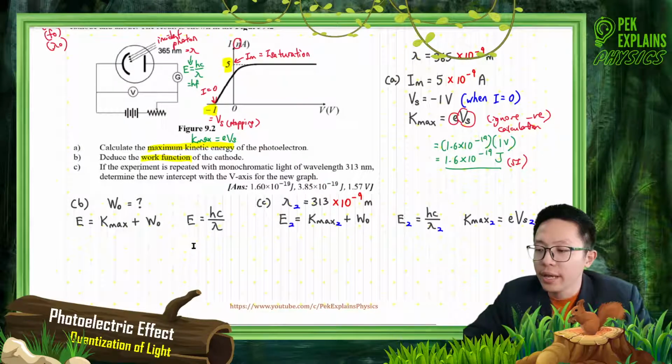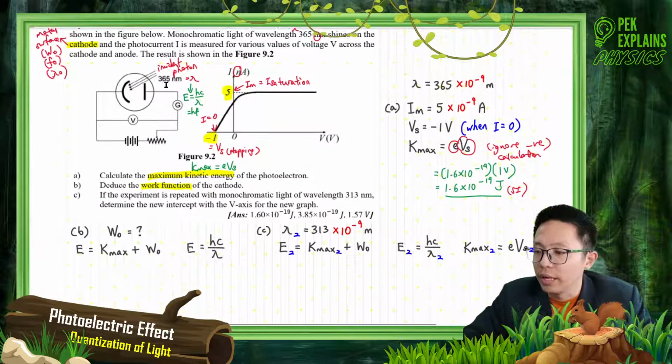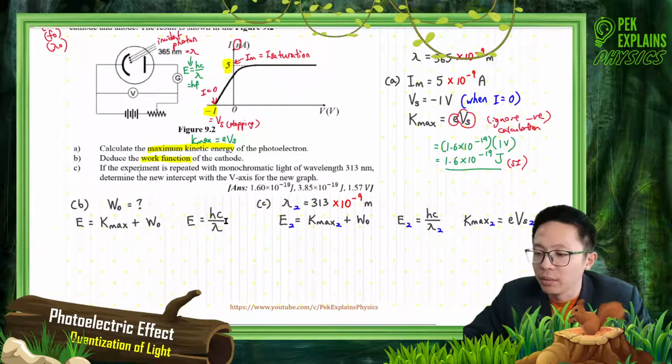We already have the Kmax, and the wavelength lambda is given, which can help us find the energy of the incident photon E. But we don't have the energy of the incident photon yet. We need to calculate it using hc over lambda.